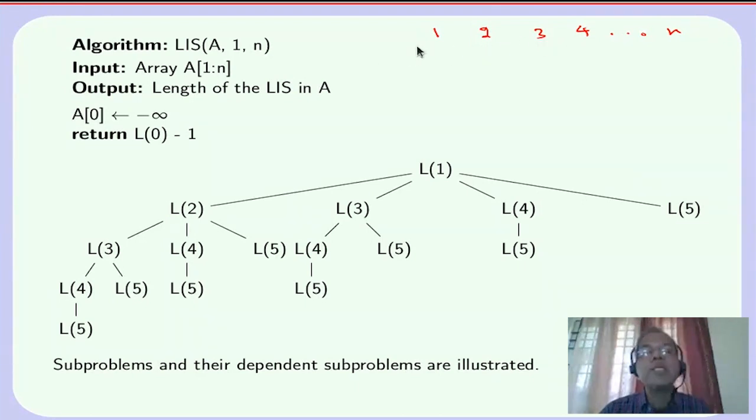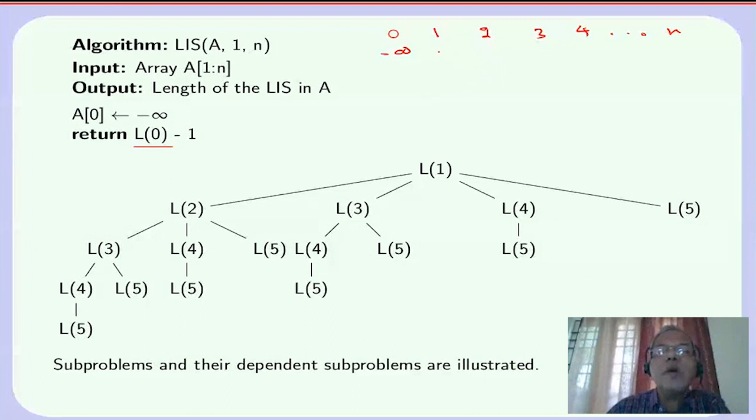Therefore, we have to find the LIS of all LISs, those which start with 1, those that start with 2, and so on. But synthetically, in the 0th position, let me put minus infinity. Then I know the LIS has to start with minus infinity. So A at 0 becomes minus infinity. In that case, it is enough to find out L of 0. What is the length of the LIS that starts at 0? But since I have added a new element, from the result subtract 1. That is the actual result.